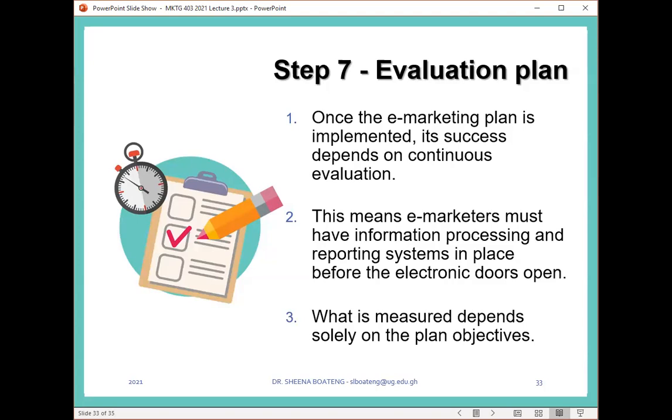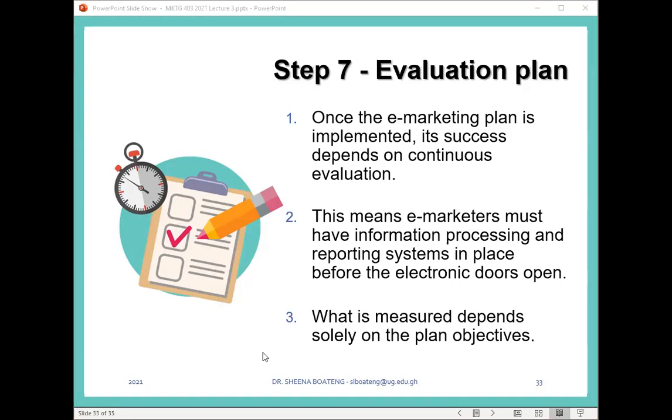So at the evaluation plan, we can talk about the fact that once the e-marketing plan is implemented, its success depends on continuous evaluation. Because like we said, the micro and macro environment is volatile and dynamic. It keeps changing, meaning that if you do not continuously monitor your e-marketing plan and its implementation, you may digress and be thrown off course because you have not been able to accurately determine what is actually happening with regard to the strategy that you are implementing.